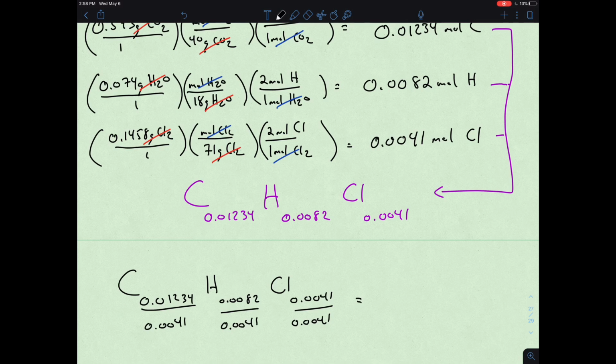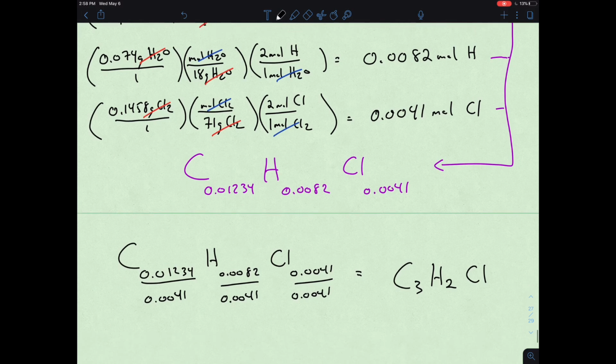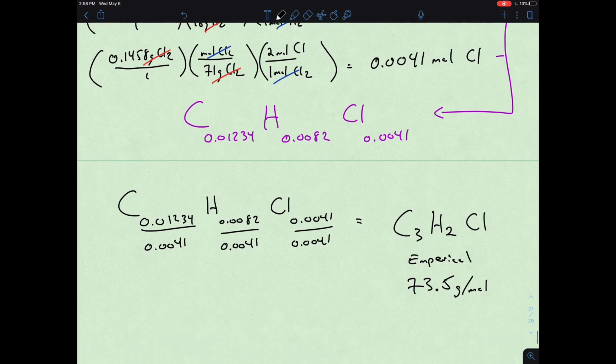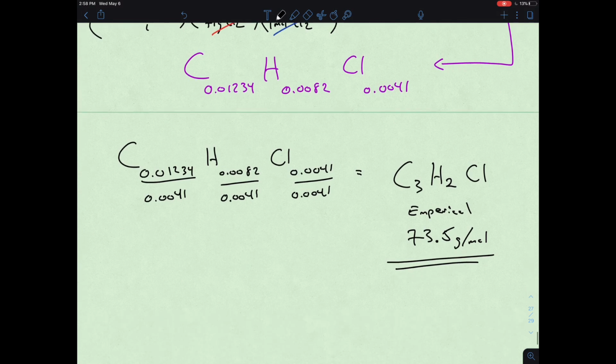And when we do that, we get a formula C3H2Cl. That is our empirical formula, and that has a molar mass of 73.5 grams per mole. We're not done yet, but we have to get to that point, right, of developing the empirical.